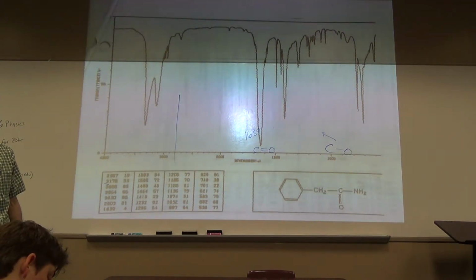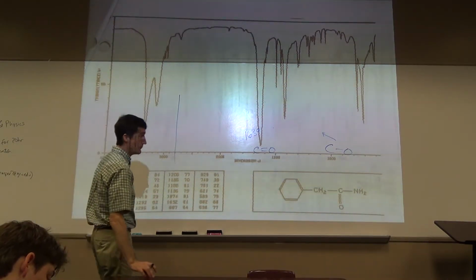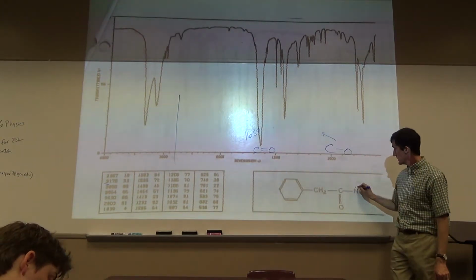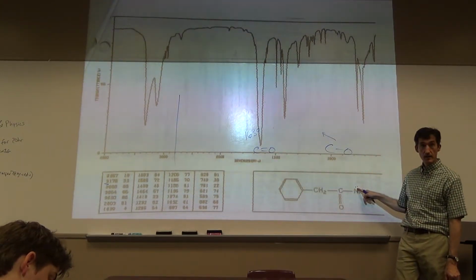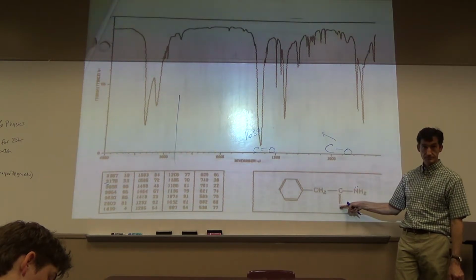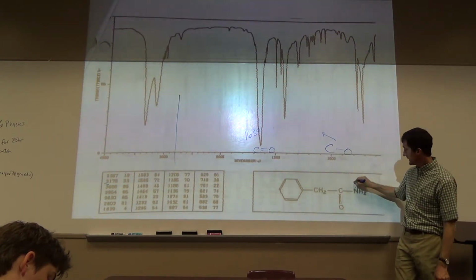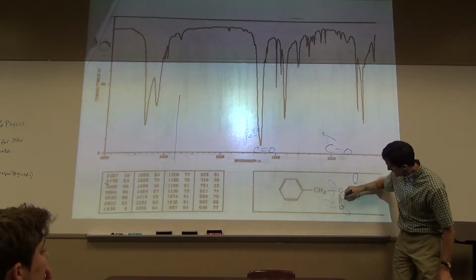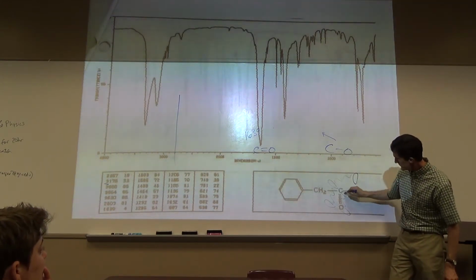I don't want to get into why. We may a little bit later, definitely in organic 2. But it has to do with conjugation, because that lone pair is conjugated with the carbonyl. See that pi bond there, double bond? Well, this is also here.